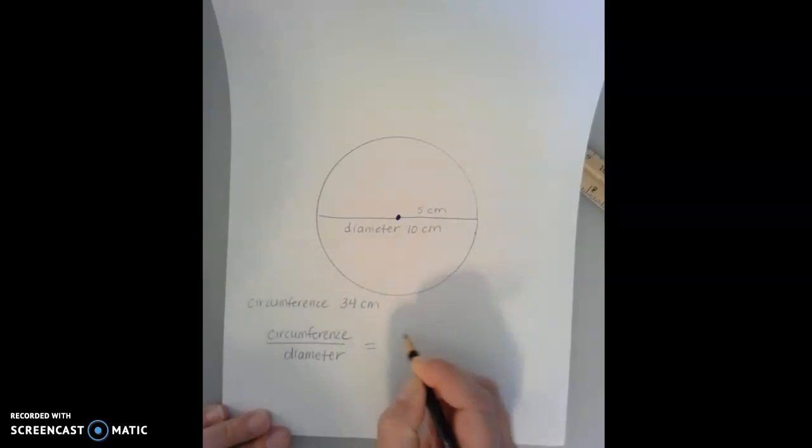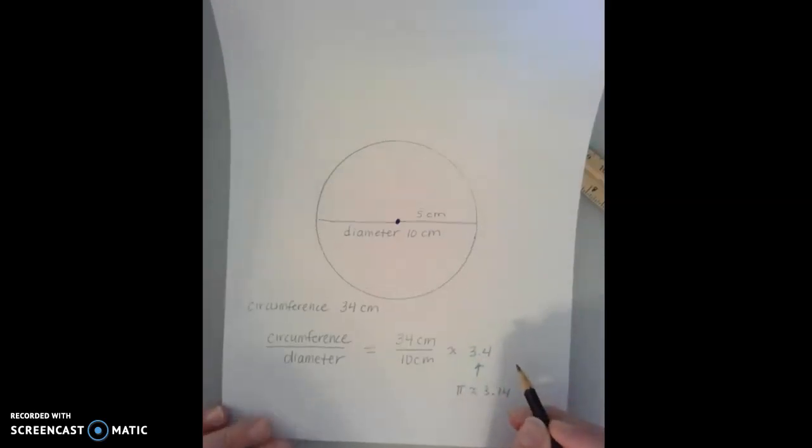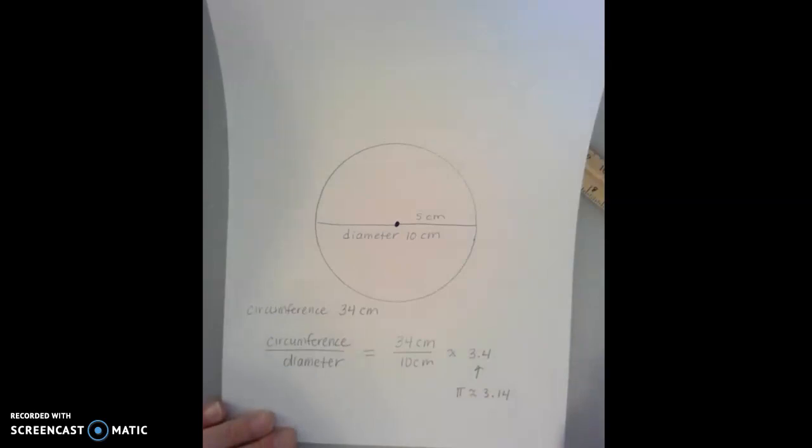So for my calculation, I'll have 34 centimeters divided by 10 centimeters, which is exactly 3.4. What we're trying to do is get an estimate for the number pi, and we know that pi is about 3.14, so this estimate is kind of close, but not really. It's off by quite a bit.